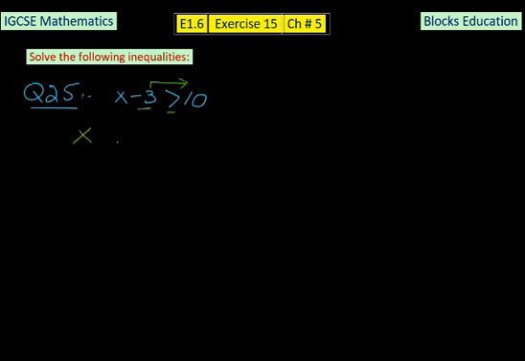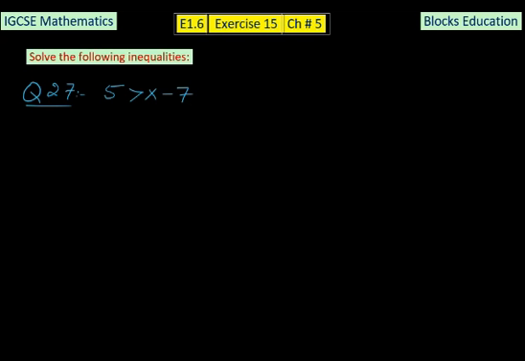Same as in an equation, it will be plus: 10 plus 3, so x is greater than 13. It means x has all the values which are not equal to 13 but greater than 13.